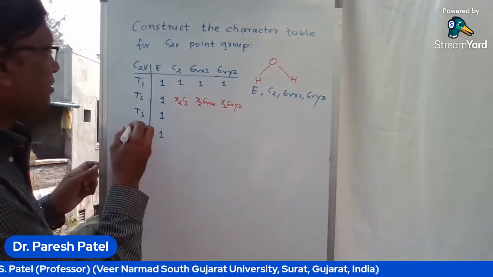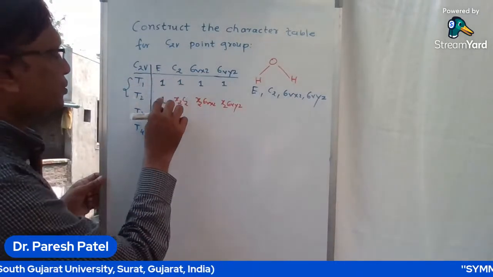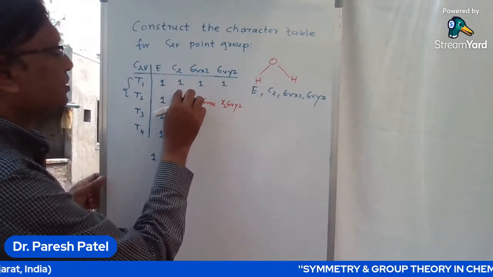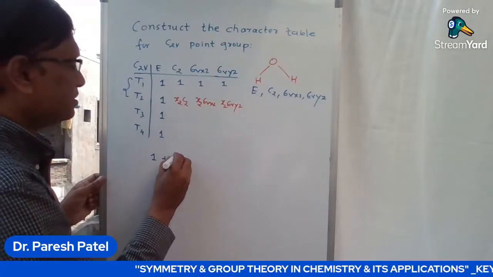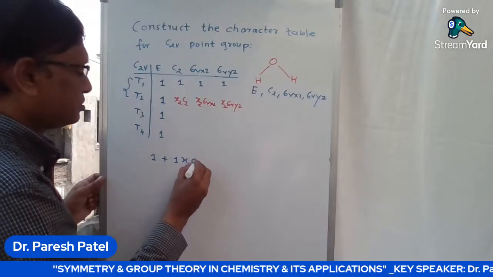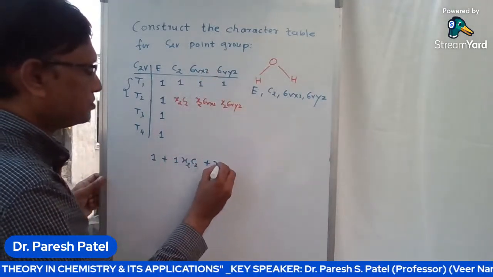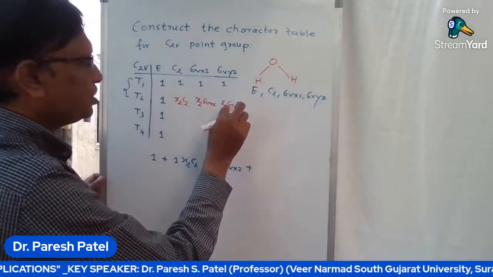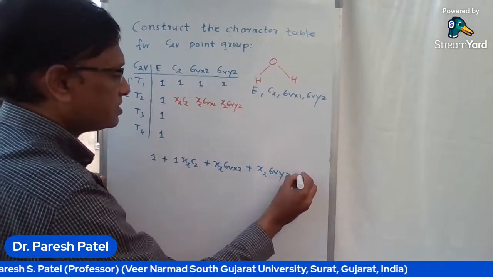So if we take T1 and T2, then what will happen? 1 into 1 into 1 is equal to 1 plus 1 into 1 into character 2 C2 plus 1 into 1 into character 2 sigma V xz plus 1 into 1 into character 2 sigma V yz is equal to 0.